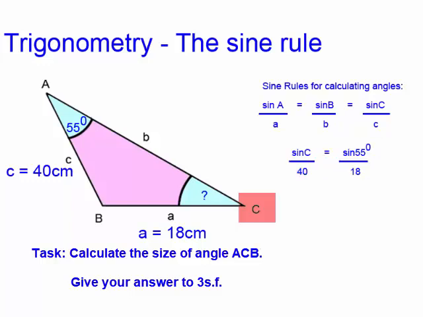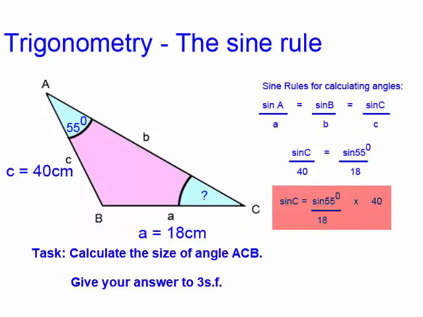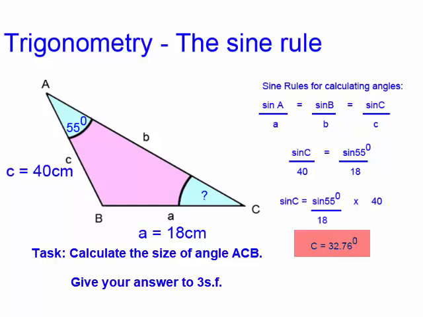We are looking for a value for sine of C, so we have to rearrange the values to give the expression in terms of sine of C. So sine C equals the sine of 55 divided by 18 multiplied by 40. And this gives us a value for angle C of 32.76 degrees. However, we have to give our answer to three significant figures. Therefore, the size of angle C is 32.8 degrees.